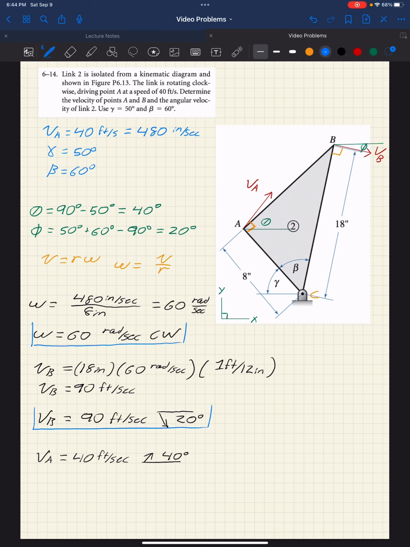And again, we see with this angular notation that the arrow is also pointing in the orientation of A, giving us that 40 degrees, and giving us a complete picture of how VA is oriented. And there you have it. We solved for VB, VA, as well as our omega, thus completing the problem.